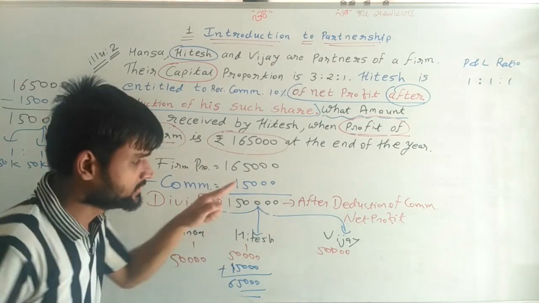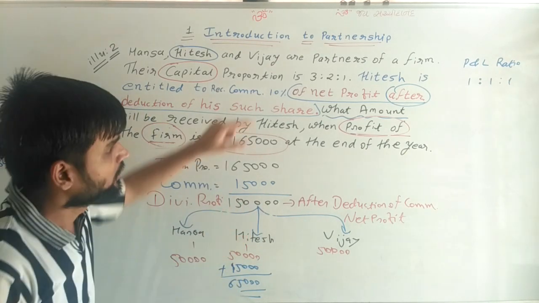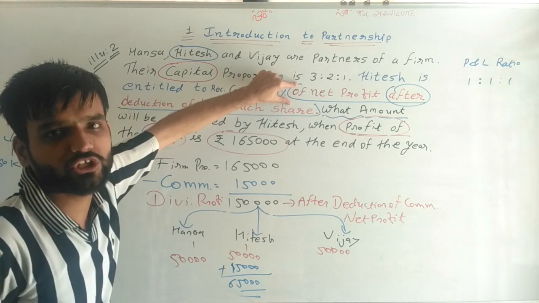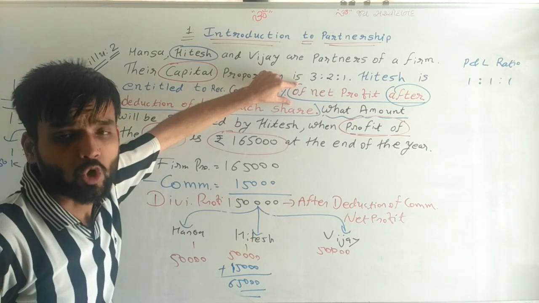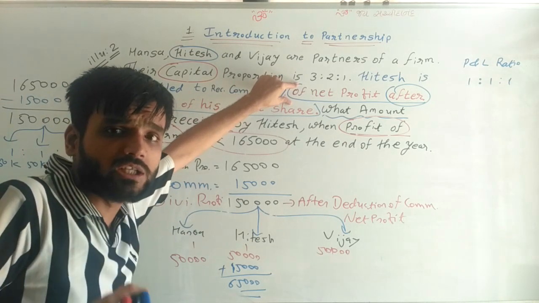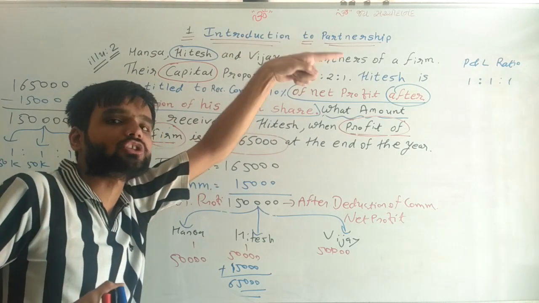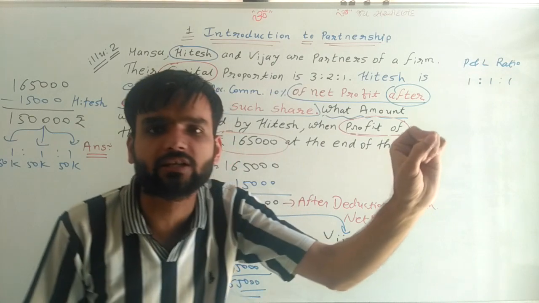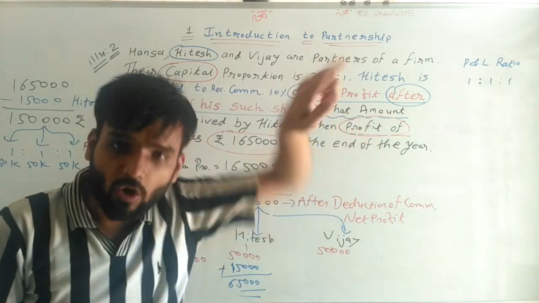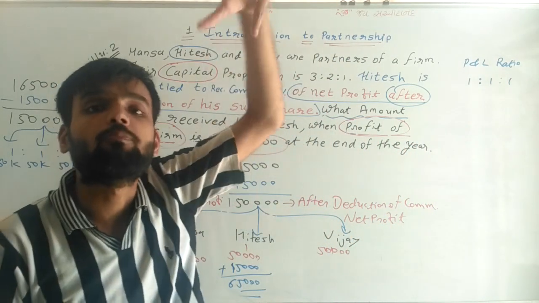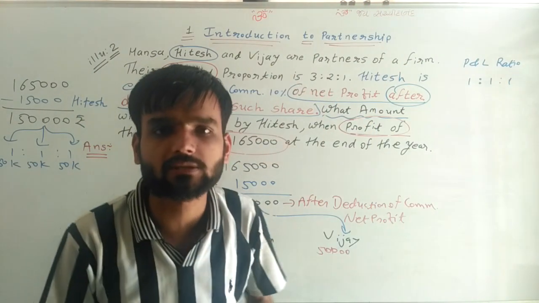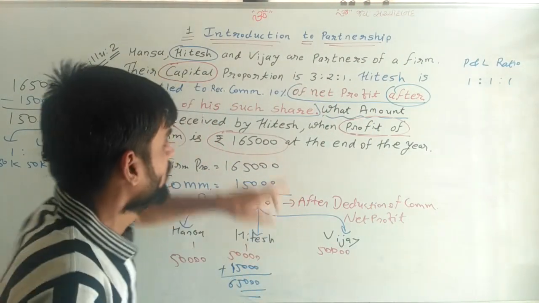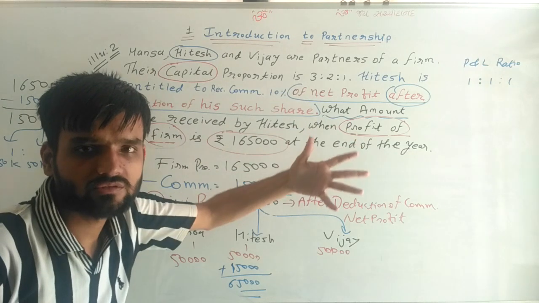And now this is the concept that they have written here. On which profit is commission given? That is my first question. Profit of sales, then sales into 10%. Profit of commission of purchase into 10%. Here, commission on what?